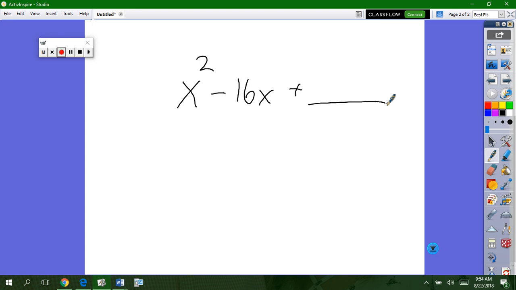So if we cut him in half, that would be my value that was sitting right here, correct? So it'd be x minus 8 squared. So therefore, remember, doubled squared. So this would be 64. Okay? So, hence, if we cut him in half and square him, that'll be what fills the blank. Yeah? Okay? One more.